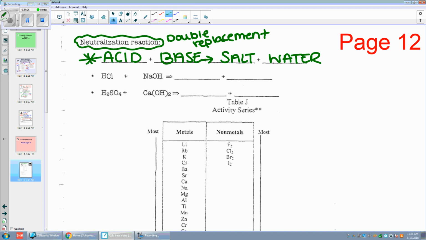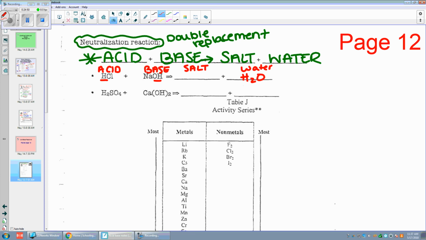So let's try to figure out what's going on here. So I've got HCl and NaOH. Ooh, I see an H, I see an OH. This is my acid. This is my base. I don't even have to think about it. I'm going to make a salt, and I'm going to make water. So I don't got to think. Fill in H2O. You got it? I got to figure out who's the salt.